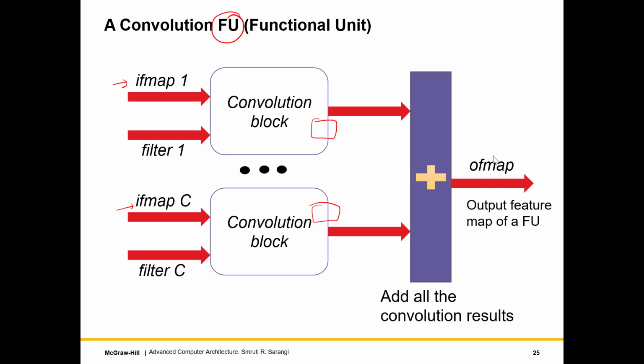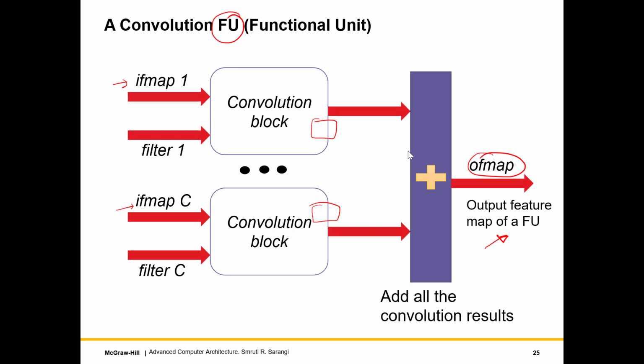Once they are added, the output feature map comes, which is the output feature map of an FU, a functional unit. So we add the individual OF maps that are produced element-wise, and we arrive at the output OF map.